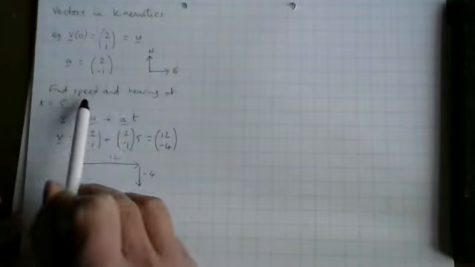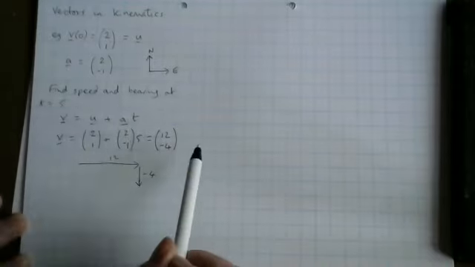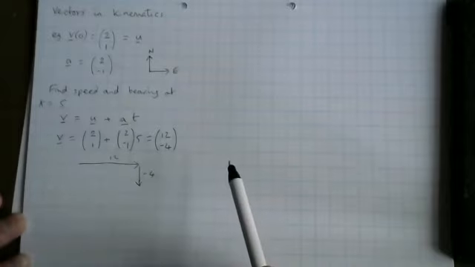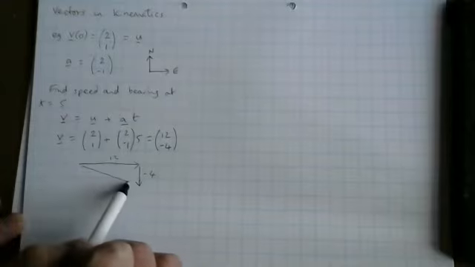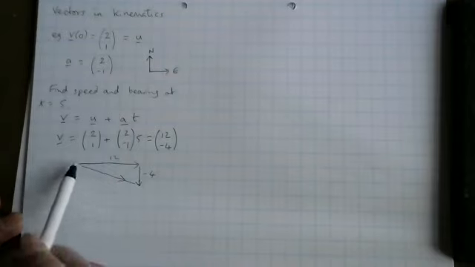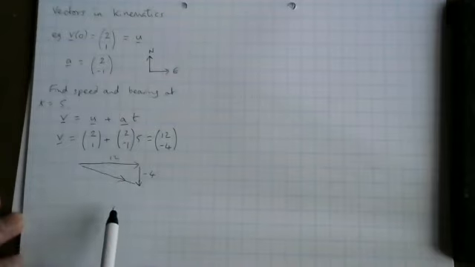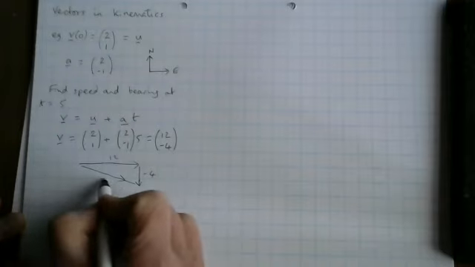I've been asked to find the speed and the bearing. They have not asked me to find the velocity. I found the velocity, but they haven't asked for the velocity, they've asked for the speed. So the speed is this length here. Let's use my normal rules for working out that length. It's a right-angled triangle. It's Pythagoras. So I'll call this x.